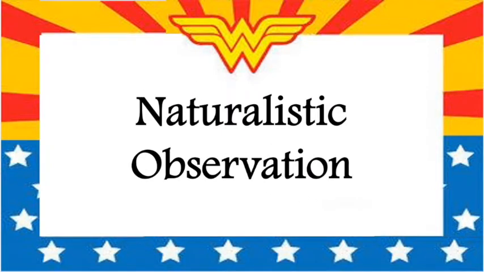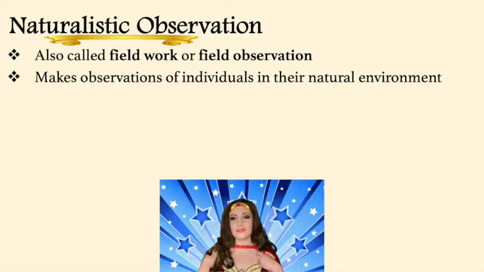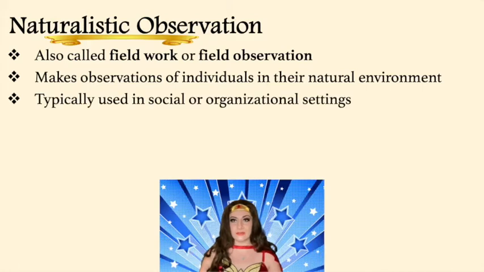So now let's talk a little bit about a more qualitative research approach, the first one being naturalistic observation. Naturalistic observation is also called field work or field observation. In this method, basically the researcher is making observations of individuals in their natural environment.